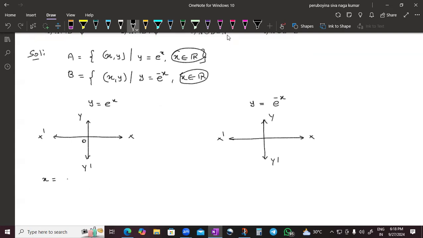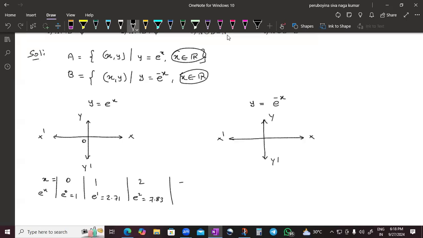For example, we will start with 0 and e power x. So e power 0, we know that it is 1. If x is 1, e power 1 is 2.71. For 2, e square is approximately 7.83, and so on.